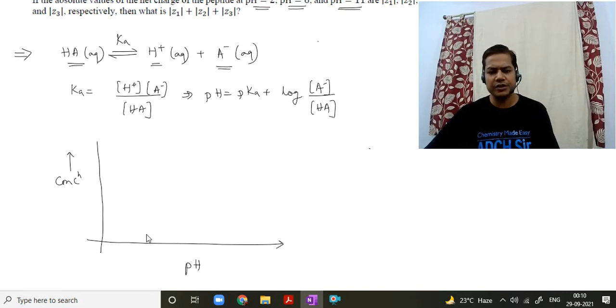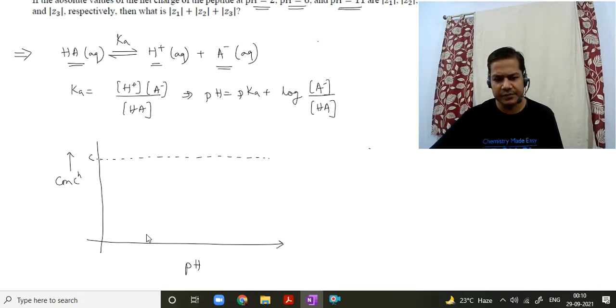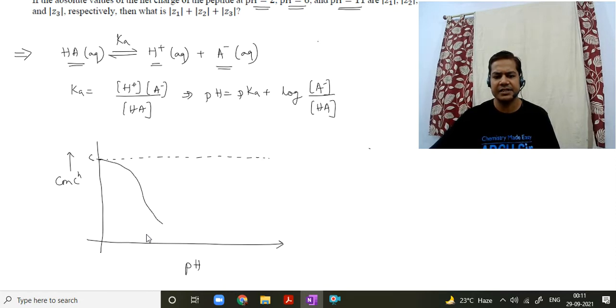If the initial concentration is C, we have marked the C in the diagram here. The C represents the concentration of the weak acid present in the solution. At very low pH, most of the acid will remain in unionized form. As pH increases, acid will ionize.